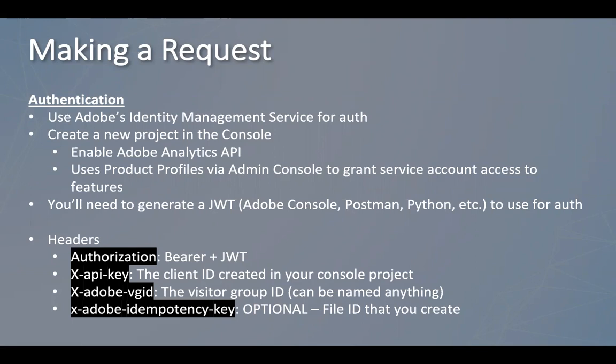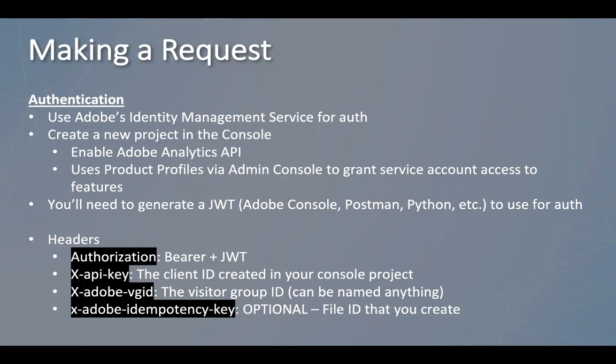And then the 3 headers that you'll need are an authorization header, and that's formatted just normally with the word bearer and then a space, and then your JSON web token. There's an X API key field, and that essentially is just the client ID that is given when you create the project in the Adobe console. And then there's the Adobe VGID. So that's the visitor group ID.